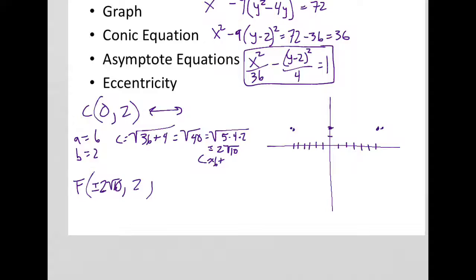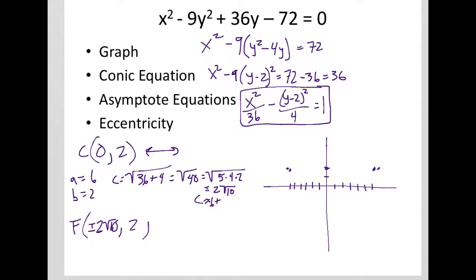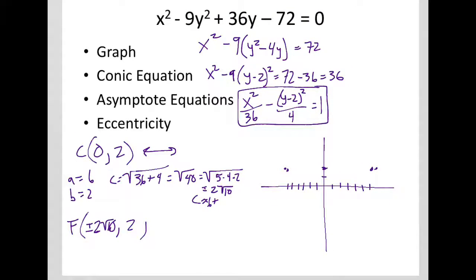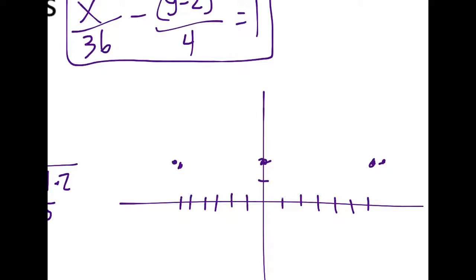That's good. Alright, well let's draw in this box. What's my b value? Well, my b value is 2, which tells me that the box is going to go right there. And that's going to be up 2 from that center.